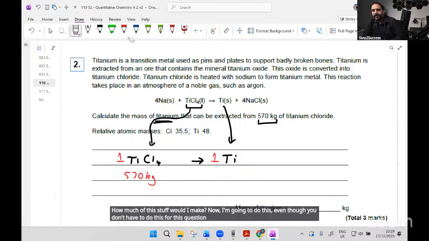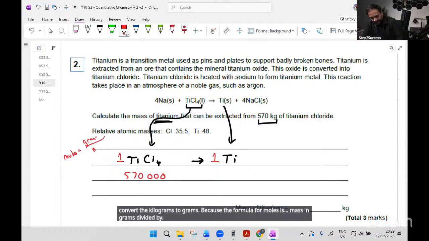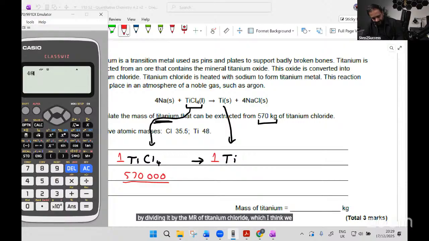I would always recommend converting the kilograms to grams, because the formula for moles is mass in grams divided by Mr. And I'm going to convert this to moles by dividing it by the Mr of titanium chloride, which I think we did earlier, but it is 48 plus 4 times 35.5. It's 190.